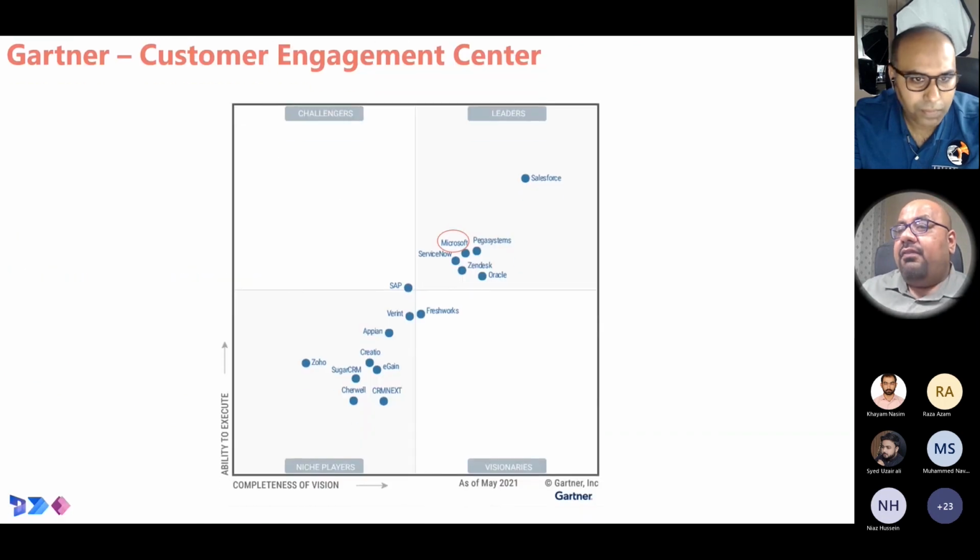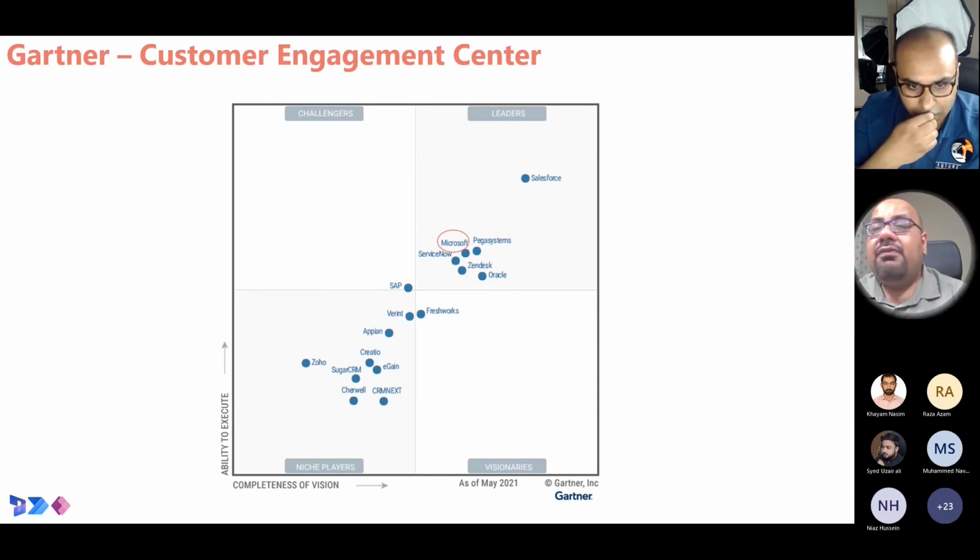Then if we see customer engagement, Microsoft is improving a lot, because the main challenge is with Salesforce, but Microsoft is doing a lot and it is grabbing the market here. So again, you will see the three major names in the market for customer service.